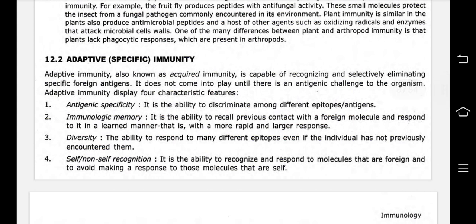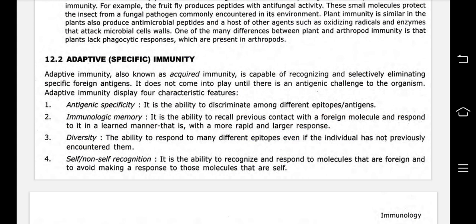Next, adaptive immunity, in the sense of specific immunity. Adaptive immunity, also known as acquired immunity or specific immunity, is capable of recognizing and selectively eliminating specific foreign antigens. It does not come into play until there is an antigenic challenge to the organism. Adaptive immunity displays four characteristic features.